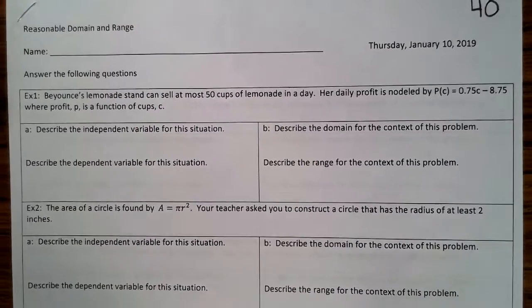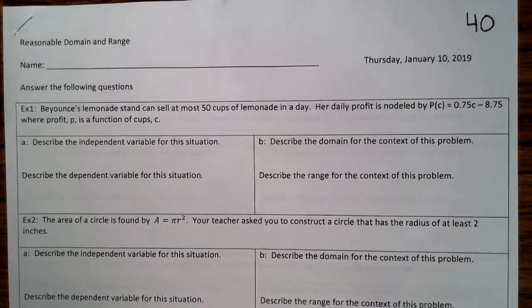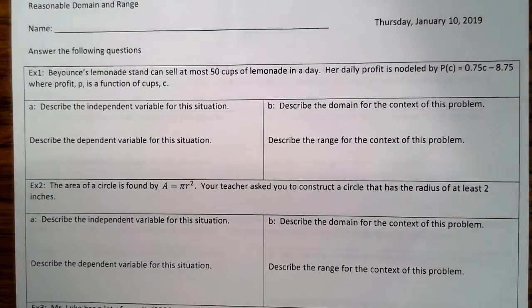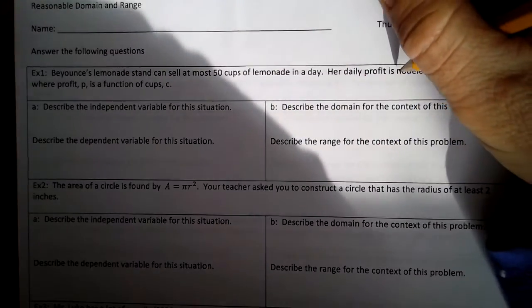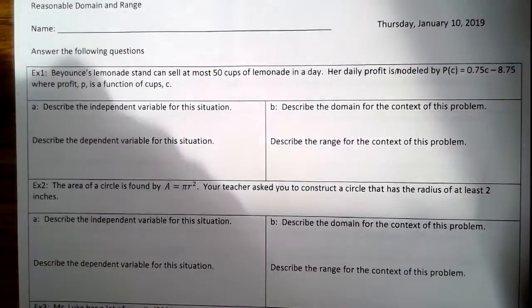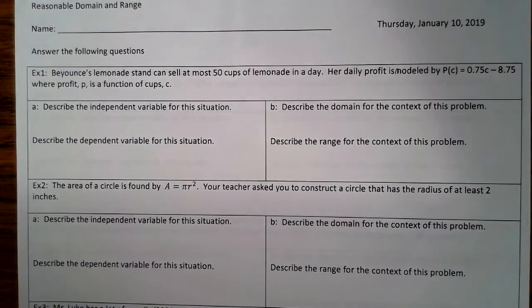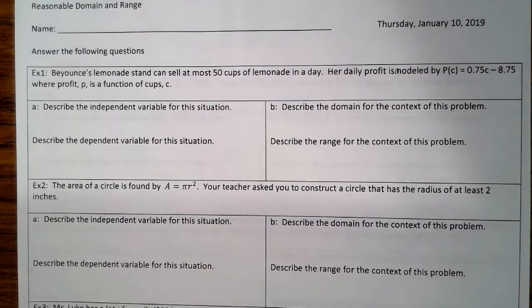Again on page 40. Beyonce's lemonade stand can sell at most 50 cups of lemonade in a day. Her daily profit is modeled by P of C equals 0.75C minus 8.75, where profit P is a function of cups C. Describe the independent variable of this situation.